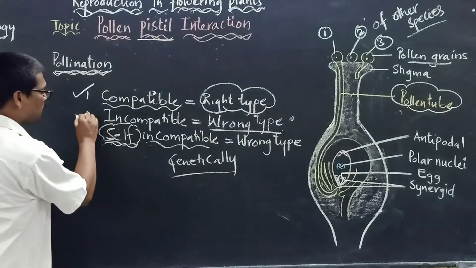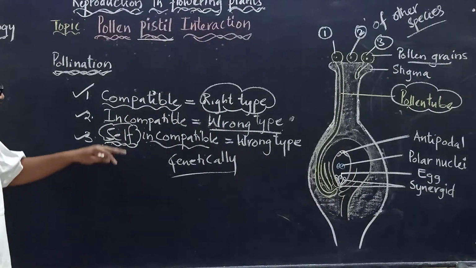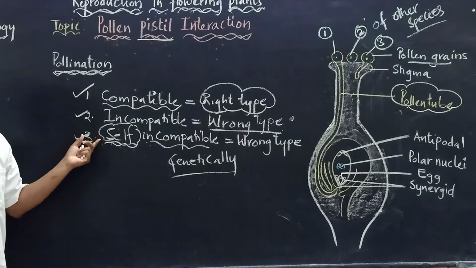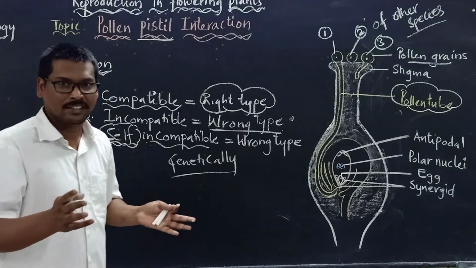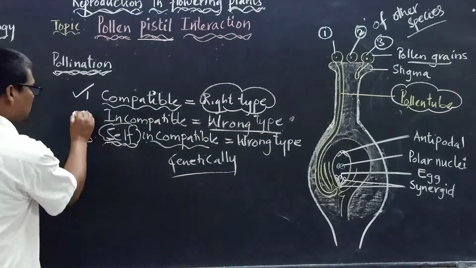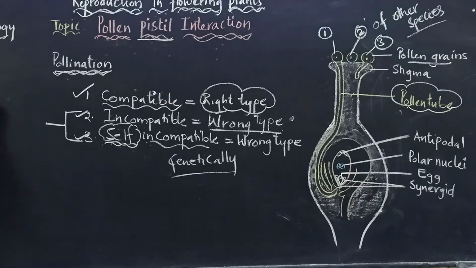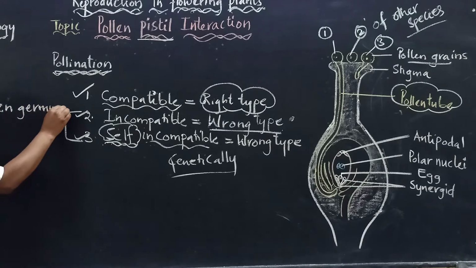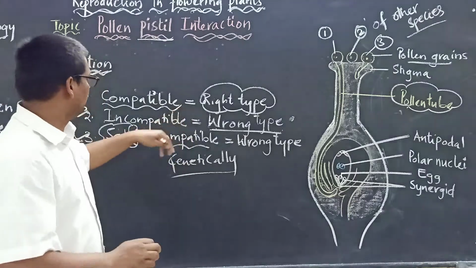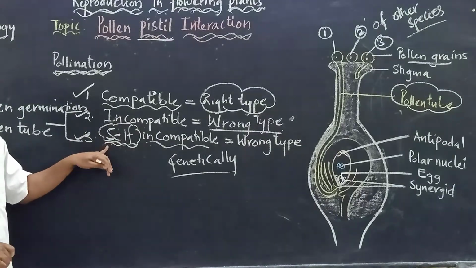And what if they are the wrong type? We say that they are incompatible or self-incompatible. If it is incompatible or self-incompatible, what will happen? They will be stopped and rejected. They are not accepted, which means there will be no pollen germination and also no pollen tube formation in the incompatible and self-incompatible conditions.